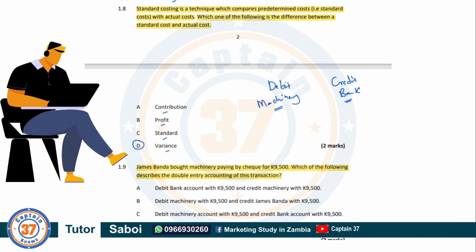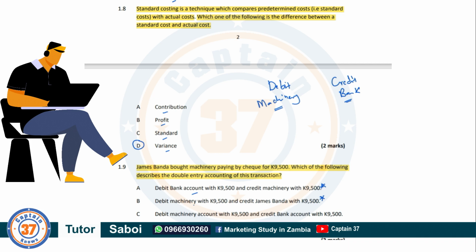Let's look for that. Is it A, debit bank account with that amount and credit machinery with this amount? No, this is not it. B, debit machinery with the amount, yes so far, and credit James Banda with this amount? No, this is not it, because we need to credit bank.